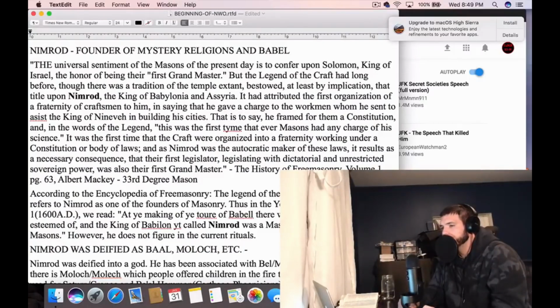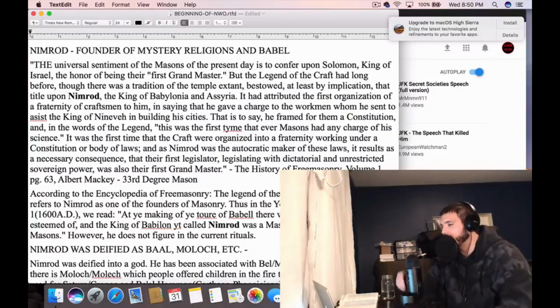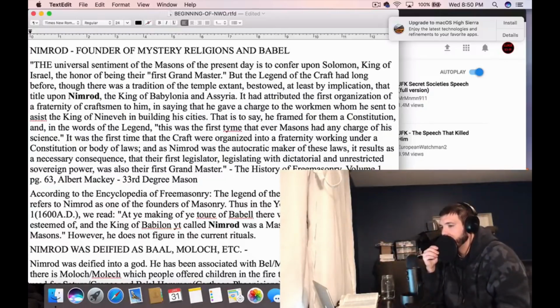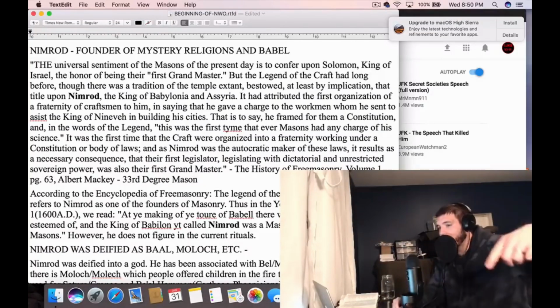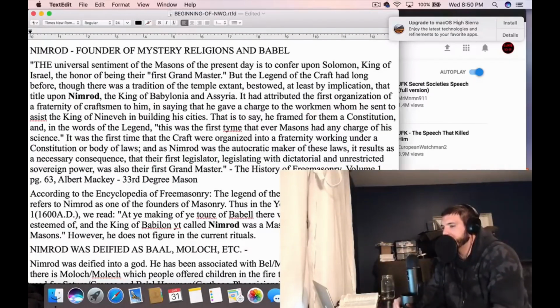Okay? It says the sentiment of the Masons is to confer upon Solomon the honor of being their first Grand Master. But Albert Mackey says no. He says the legend of the craft says that long before, Nimrod was the first Grand Master of Freemasonry.